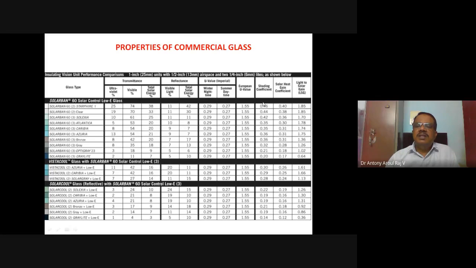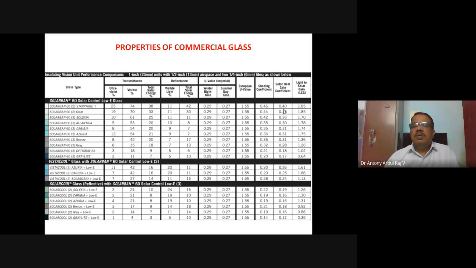Then they are giving the shading coefficient. Just now we have seen what the SC, shading coefficient, is. It is the SHGC of the material under consideration divided by the SHGC of the 3 mm double plane glass. So they have compared and given the value. Also we have studied the solar heat gain coefficient, which is the product of transmissivity, the sum of transmissivity plus absorptivity multiplied by the percentage entering into the room.